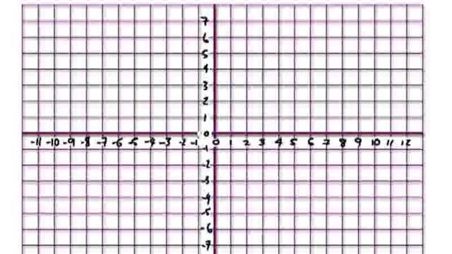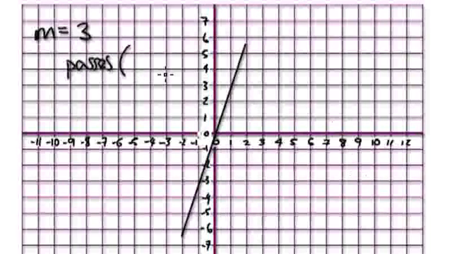Hang on, let me bring this back up. So here, if they're asking you to find the equation of a line that has a gradient of, let's say, m equals 3 and passes through, let's say, 2 comma 4.